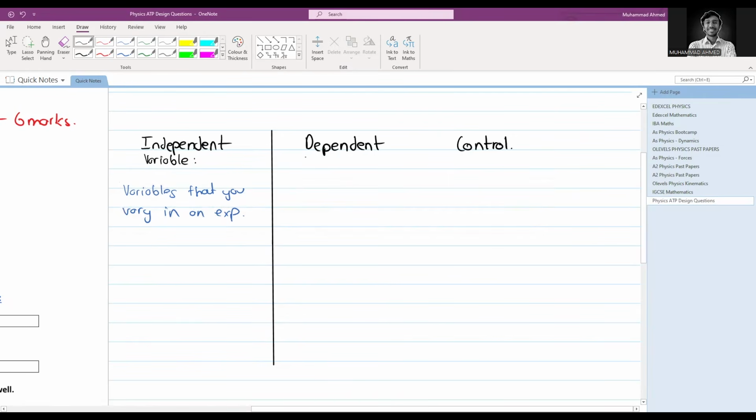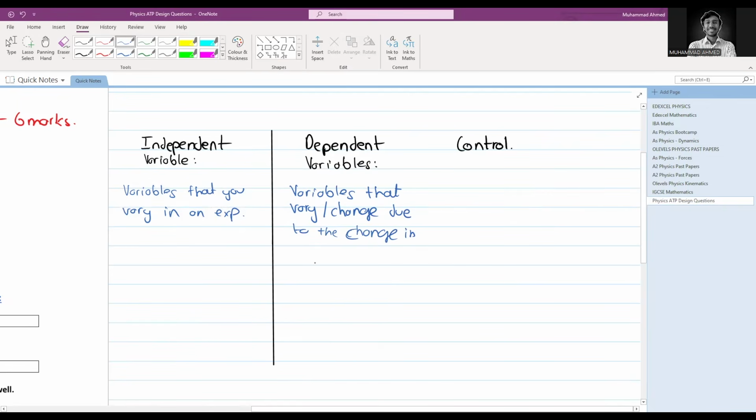Okay, what are dependent variables? Variables that vary or change due to the change in the independent variable.